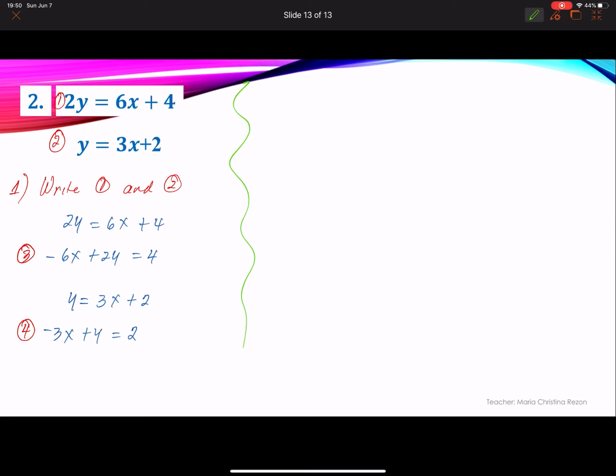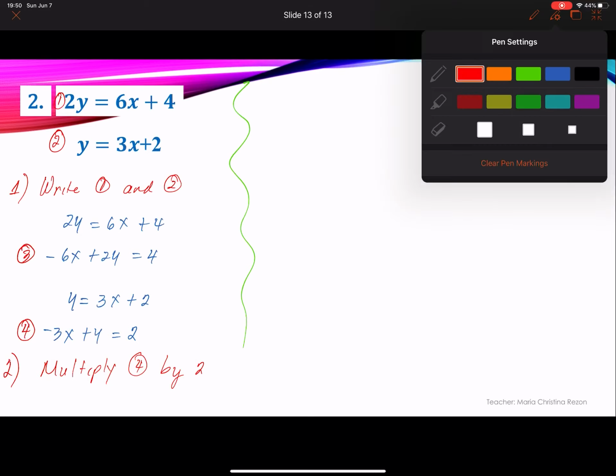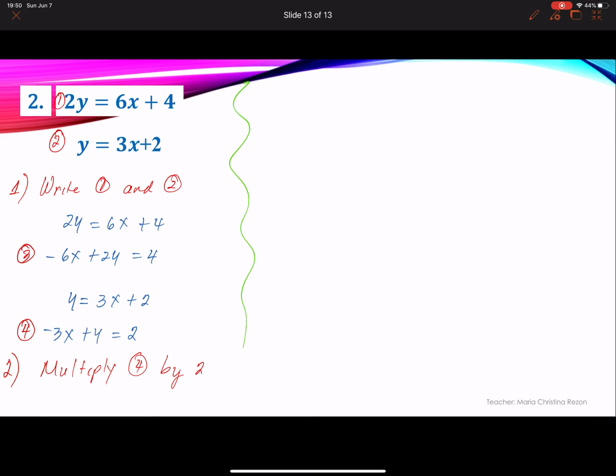So the second thing here, step 2, is multiply equation 4 by 2. Okay, so equation 4 is negative 3x plus y is equal to 2.